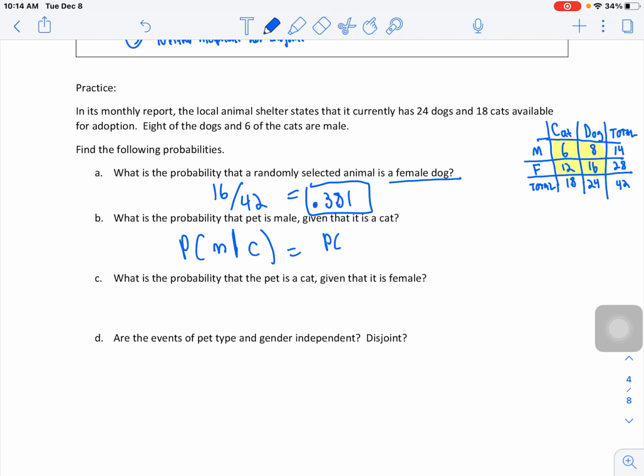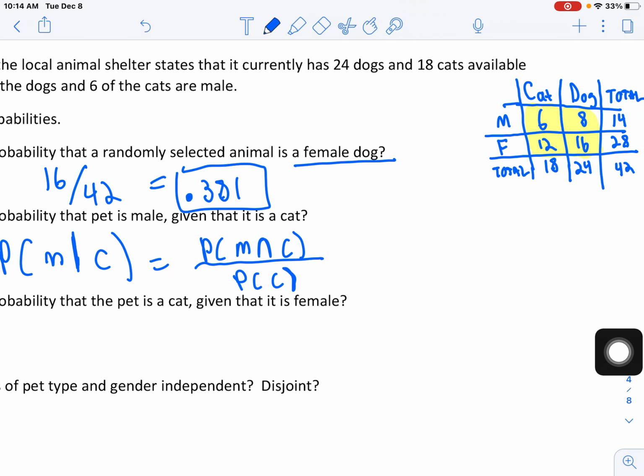And we can find this by taking the intersection that it is both a male and a cat, dividing by the probability that it's a cat. This is just that formula, just substitute it in for male and cats.